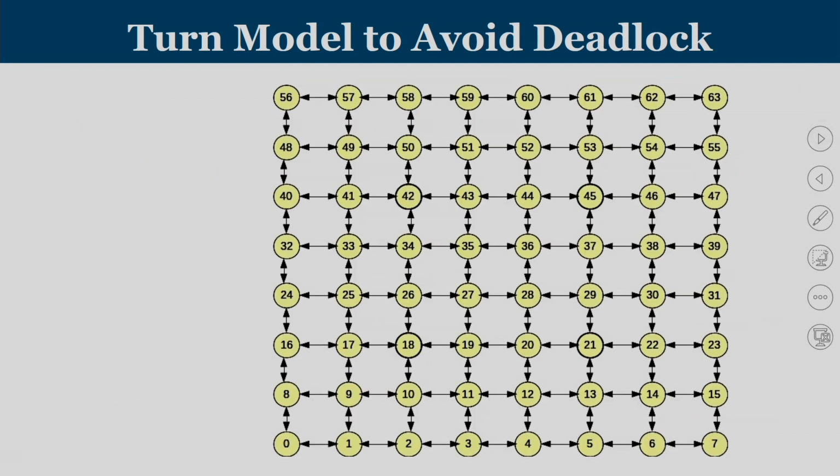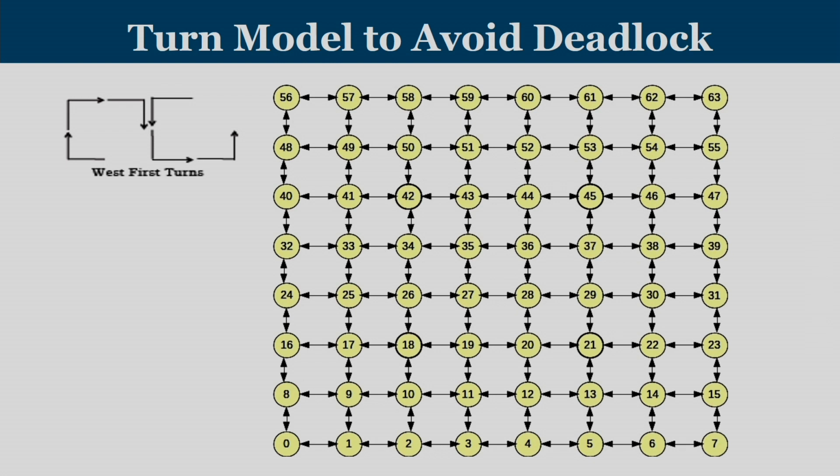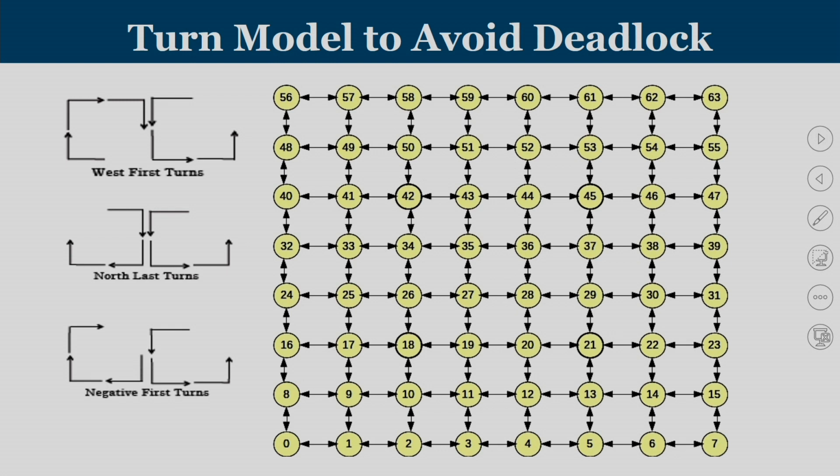Now, let us try to illustrate some examples for turn model of routing. Consider this mesh network which consists of 8 by 8 routers, a total of 64 routers organized as an 8 by 8 mesh. We know that in west first turns, these are the turns permitted, in north last turns, these are the turns permitted, and in negative first turns, these are the turns that are allowed.